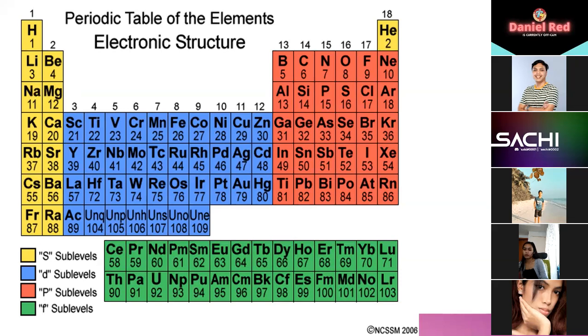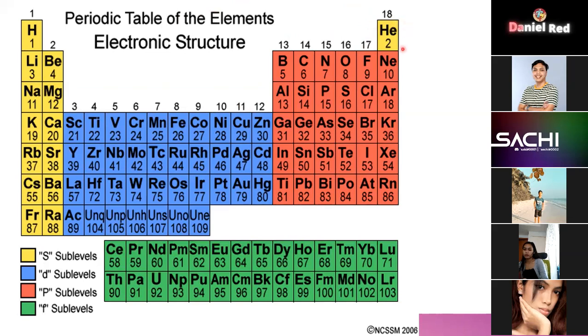As you can see, hydrogen belongs to group 1. Beryllium belongs to group 2. Then you have the succeeding group numbers 3, 4, 5, 6, 7, 8, 9, 10, 11, 12, 13, 14, 15, 16, 17, 18. So the periodic table of elements has 18 groups.